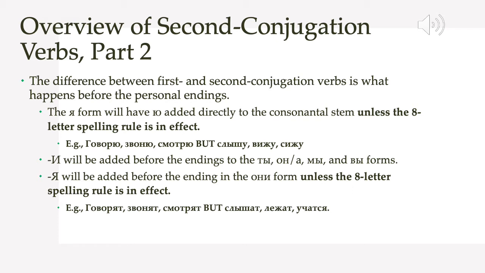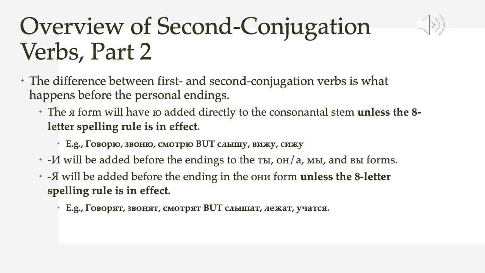So we see here, говорю, I speak, звоню, I call, смотрю, I look, but we have слышу, I hear, вижу, I see, and сижу, I sit. And in those last three verbs, we have hushers with the endings added to the husher, so we're going to add u rather than yu because we can't write yu after a husher.